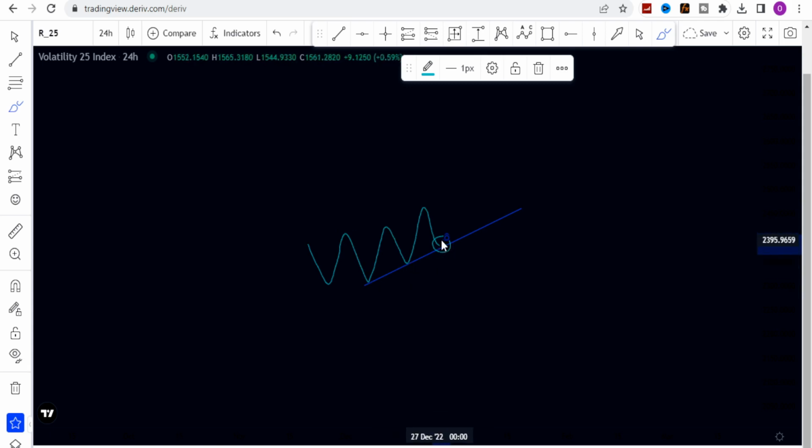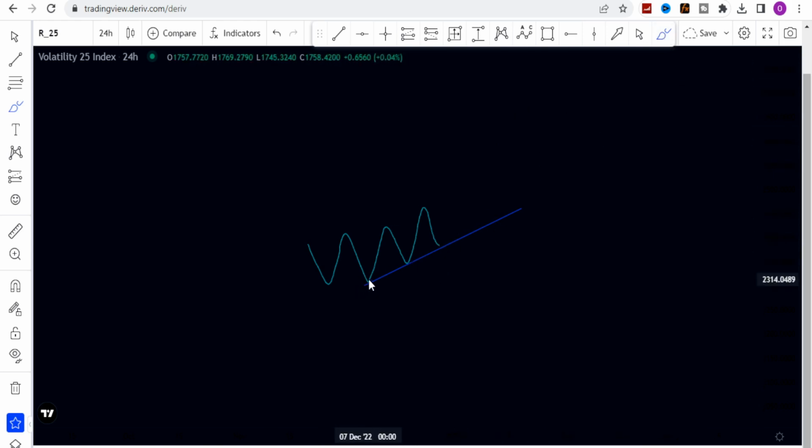So now when you wait for this particular thing here, once you spot something like this, this is lower high, lower low, and with this higher low, higher high here, this market is not going to cross this, believe me. You can see something like this.